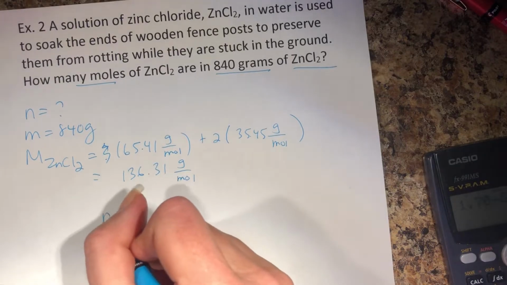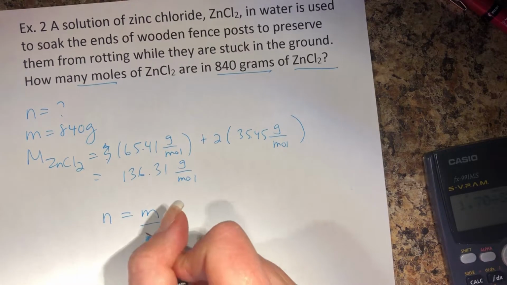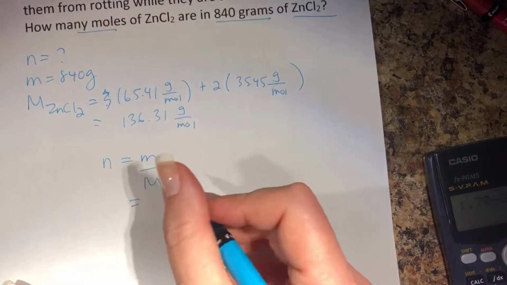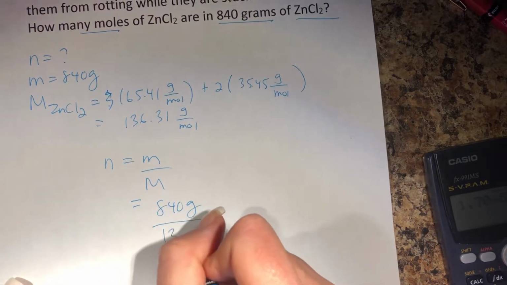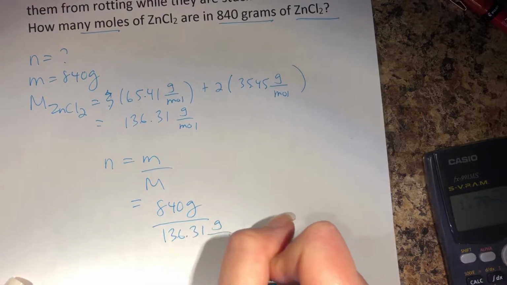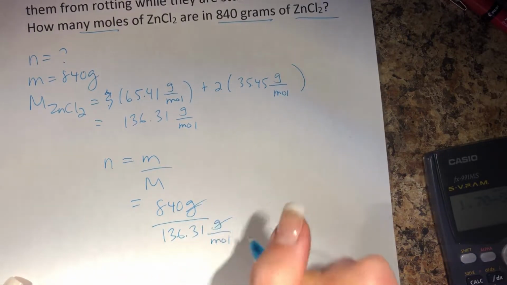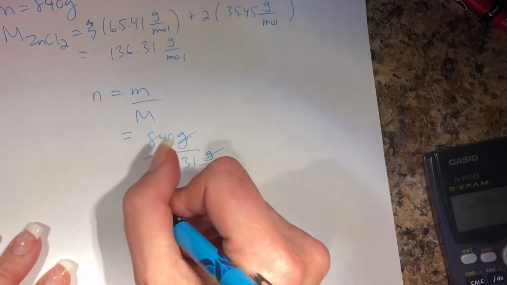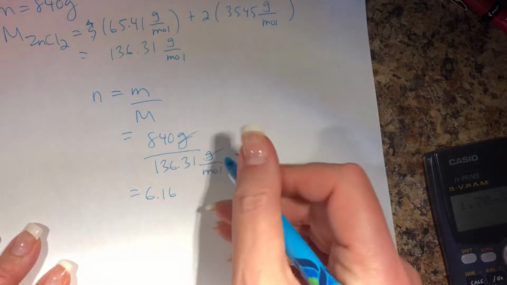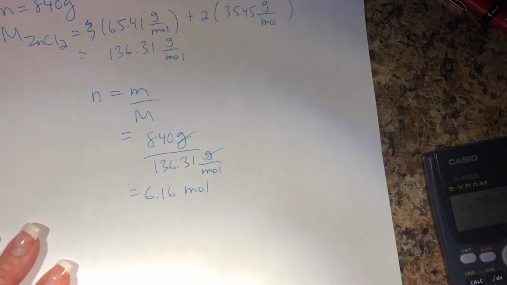So again, we're finding moles, so moles equal to mass over molar mass. We have 840 grams divided by 136.31 grams per mole. Cancel out the grams. And we get 6.16 mole. Again, how many digits do we use?